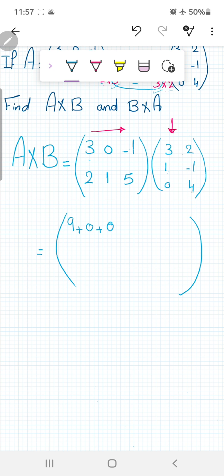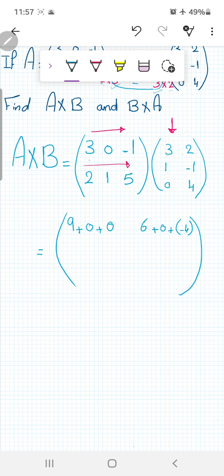What about the second column? Also 3 times 2 equals 6, plus 0 times negative 1, 0, plus negative 1 times 4, negative 4. Here we finished the first row.